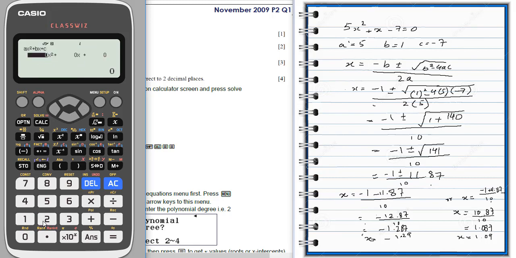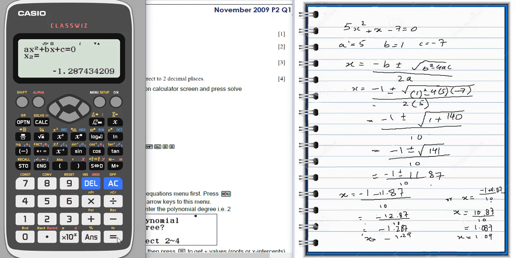So a is 5, the coefficient of x squared, b is 1, the coefficient of x, and c is minus 7, the constant term. If I press this button, I get 1.087, and to two decimal places it will become 1.09. The other answer is minus 1.287, which rounded to two decimal places is minus 1.29.